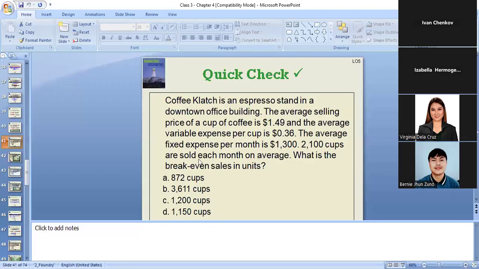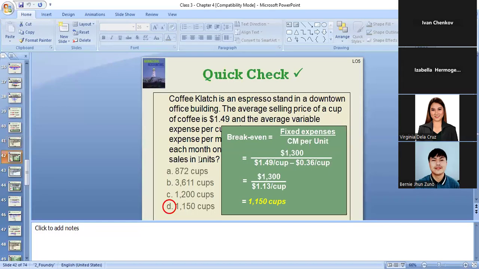If we go back to our slides and see where we are, the number of units that we need to sell is 1,150 units.